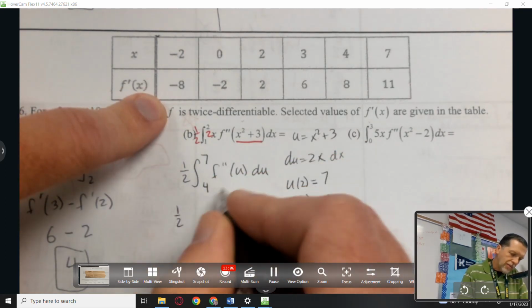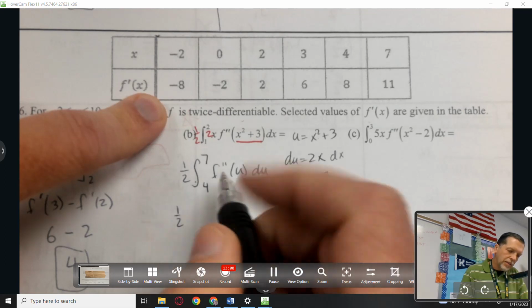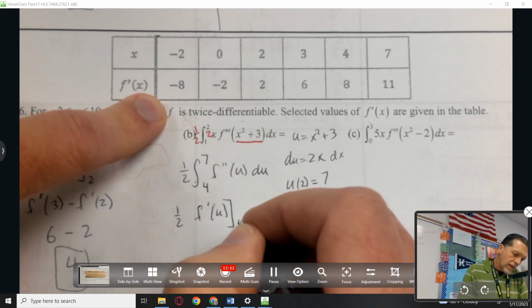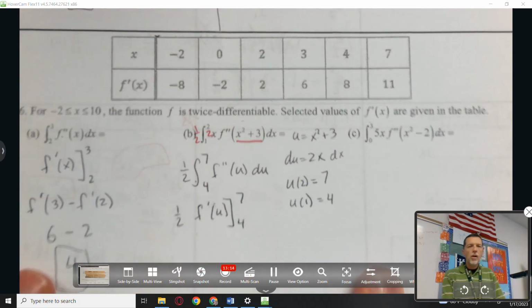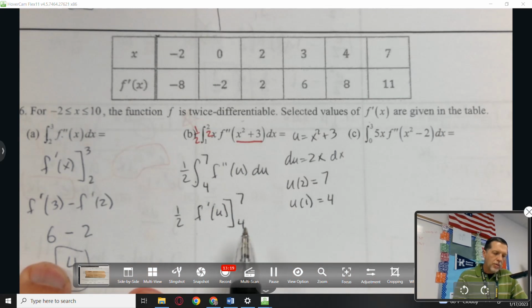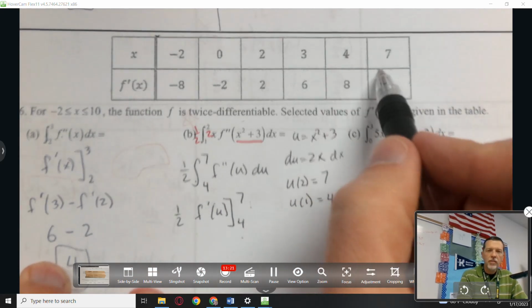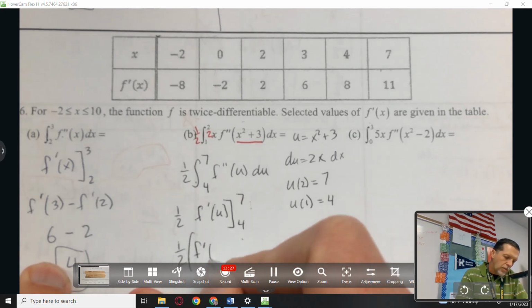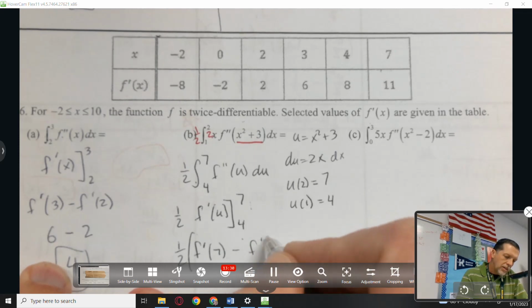So 1/2, antiderivative of the second derivative would be the first derivative, and then from 4 to 7. So I'm good now because I have f prime from 4 to 7, and I do know 4 and 7. So half of f prime of 7 minus f prime of 4.